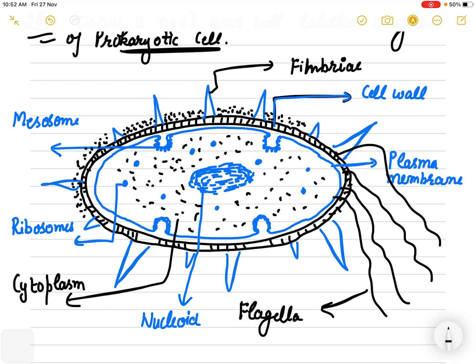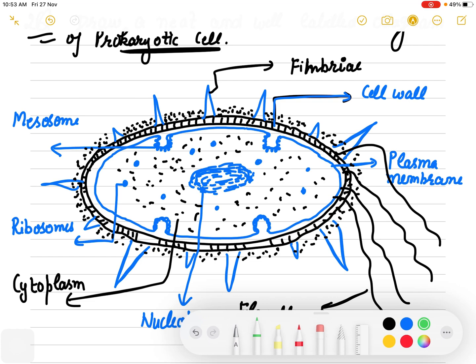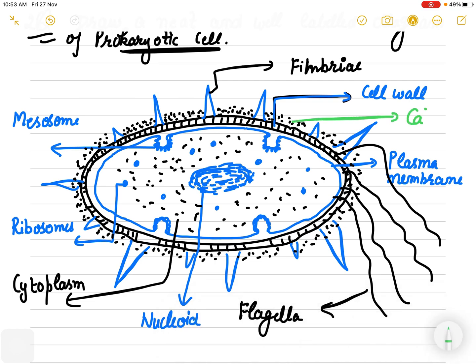Even beyond the cell wall, it is present, and this thick and tough covering is known as capsule. It is the speciality of the bacteria. So I'm labeling it, this is known as capsule.